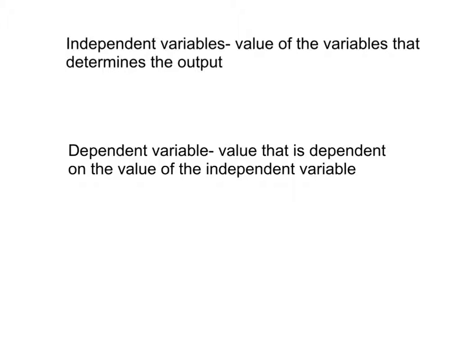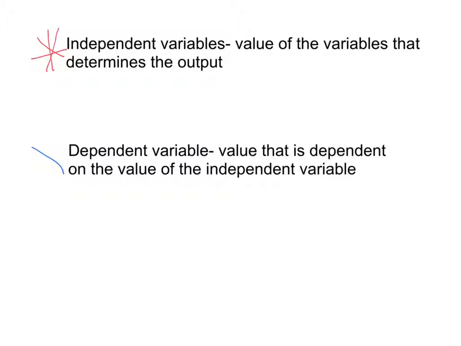When talking about relations, we also need to identify independent and dependent variables. These are terms that you will also hear in science class when you're doing labs. An independent variable is the value of the variables that determines the output. It's what makes the output what number it is.